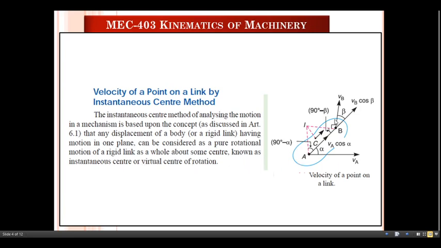So here, let us assume that this is a rigid body on which two points A and B lie. Now, because of the motion of this rigid body, let us consider this is the velocity at point A.